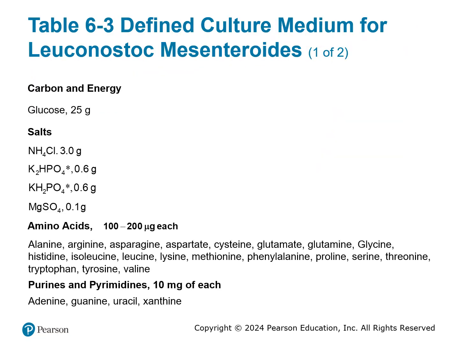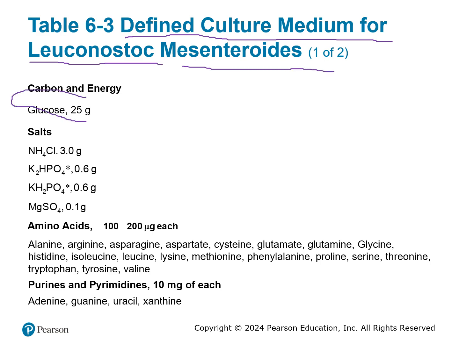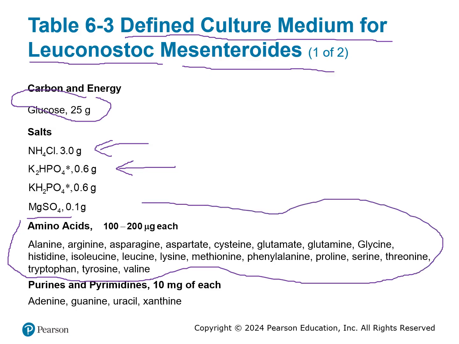Okay, here's another example of a defined culture medium for growing Leuconostoc mesenteroides. So it has 25 grams of glucose, it has some salt, potassium phosphate, magnesium sulfate, and then a bunch of different amino acids.